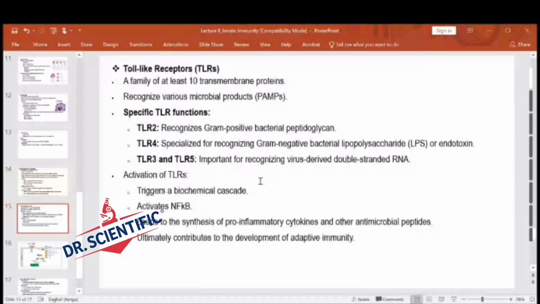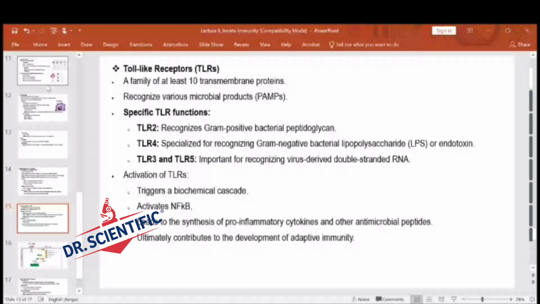So we said toll-like receptors are PRRs. For you to understand this, you'll also be linking with the schematic that I have, plus the link that I gave you to go and read on your own. It's a family of at least 10 transmembrane proteins. We counted and saw that we didn't spot number 10.